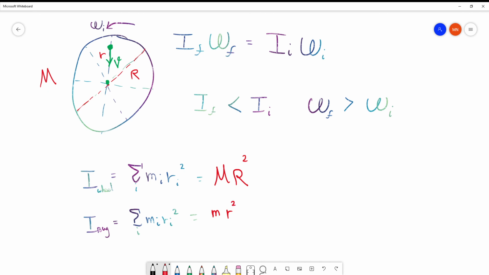It is little mass m at a distance r away. So this would be the initial state of everything. We want to see what's going on here.